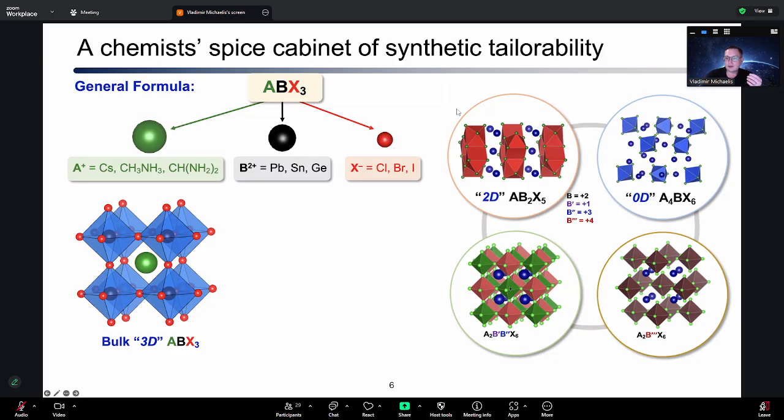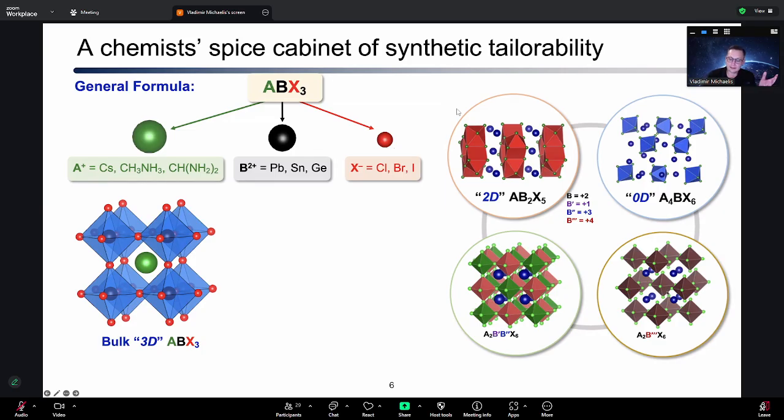And if you knock out all the green ions, then you can go into a vacancy-ordered perovskite-like system. And these are the different ways that we can manipulate the optoelectronic properties as well as the physical properties of the materials, i.e. the degradation pathway.